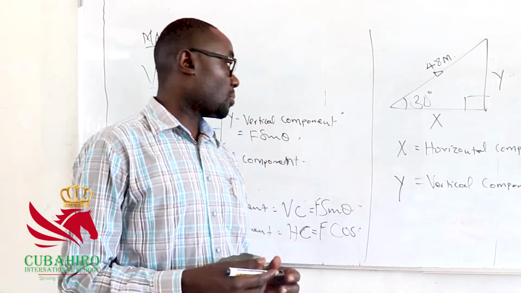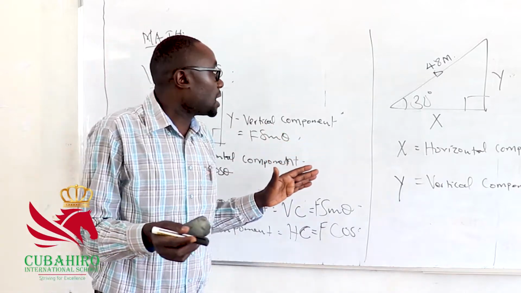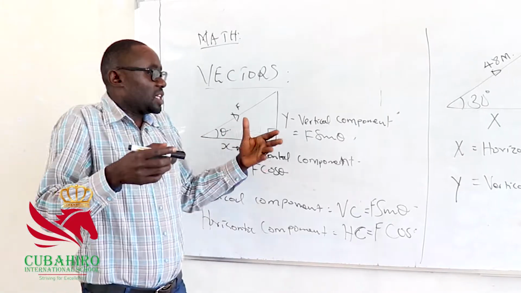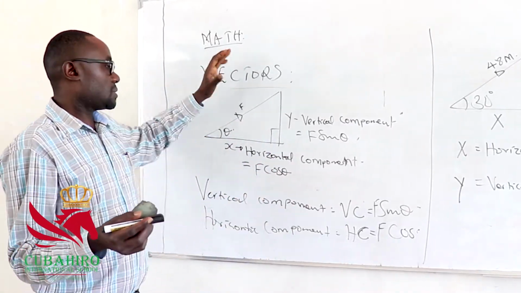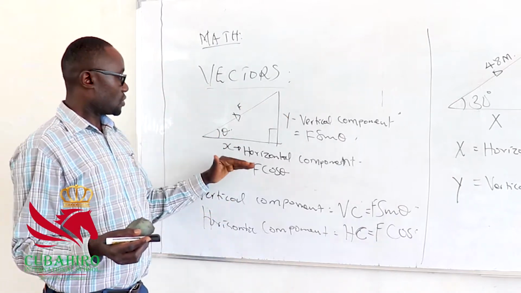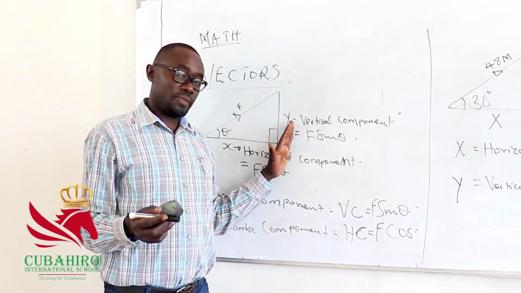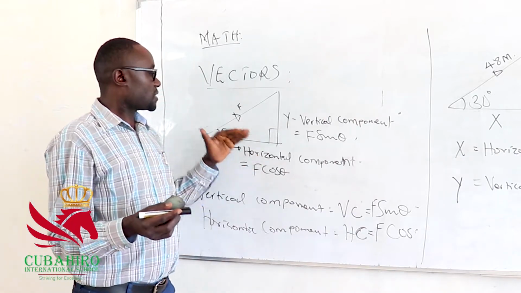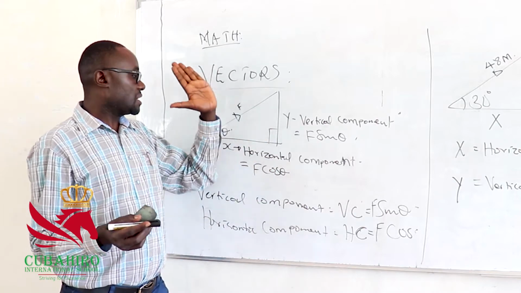When we meet next, probably we shall be able to do more. But for the meantime, I just wanted us to discuss the general introduction to vectors, in which, under mechanics, we are so much interested in the horizontal component and the vertical component of a vector, or how you can break a vector into specific components, either horizontally or vertically.